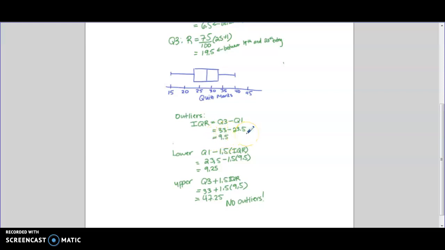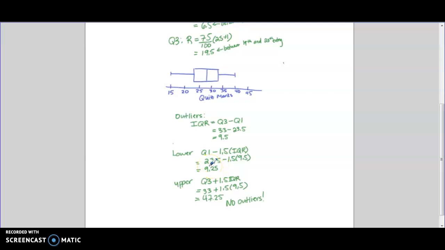And then remember to figure out the lower and upper barriers, we do a quick calculation here. So the lower barrier to figure out whether we have outliers or not is we take the Q1 value, which was 23.5, and then subtract 1.5 times the interquartile range of 9.5. Once we do all of that, the lower barrier is 9.25.